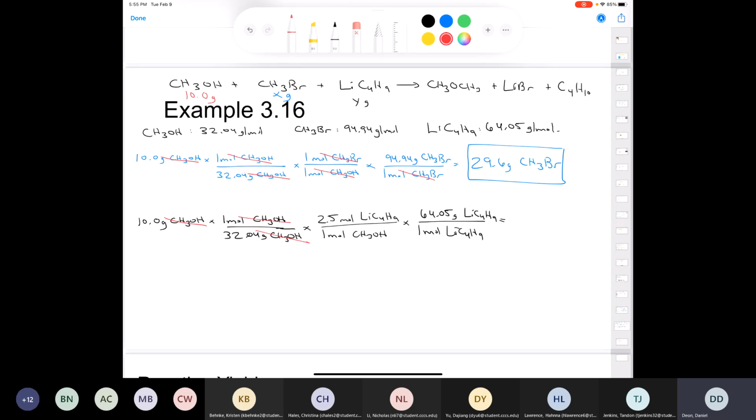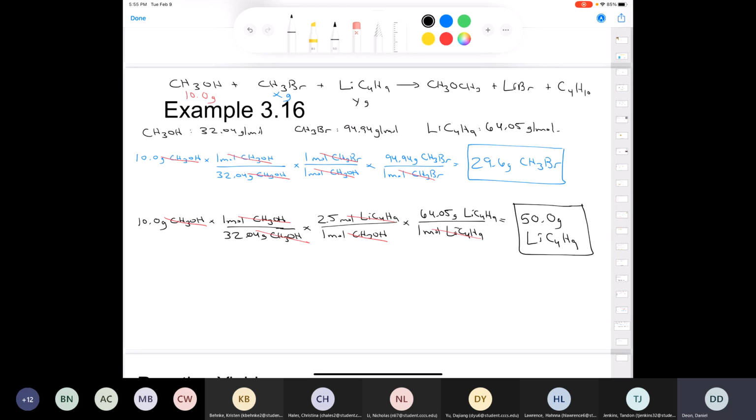So let's see here, moles of methanol cancel, moles of butyllithium cancel, and we're left over with the mass of butyllithium. Let me double check that one too. So I have 10 times 64.05. And I end up with 50.0 grams of butyllithium.